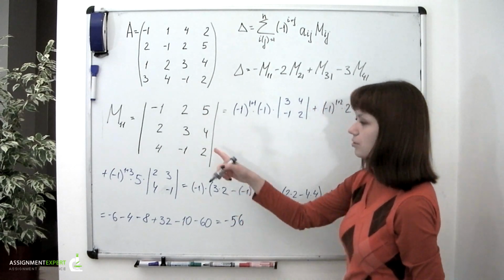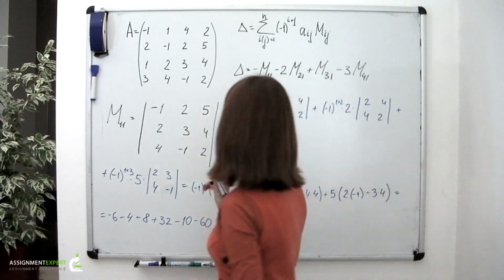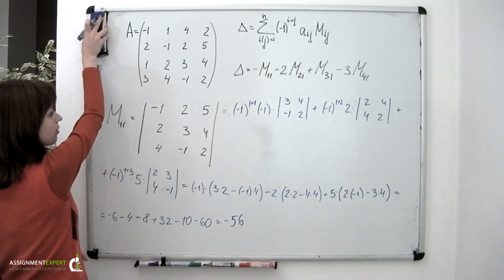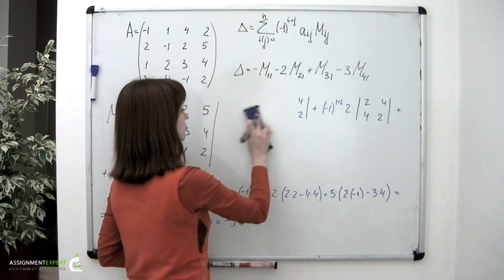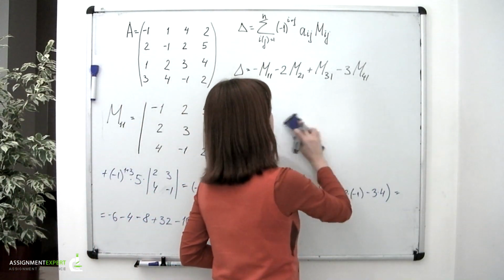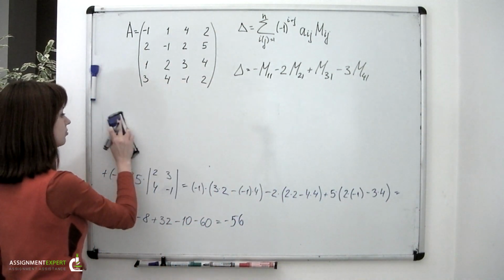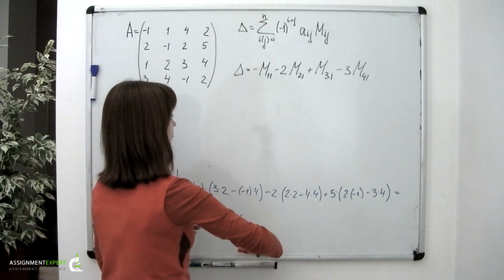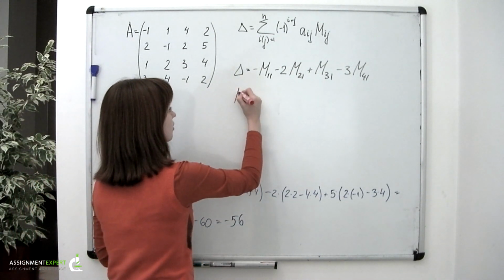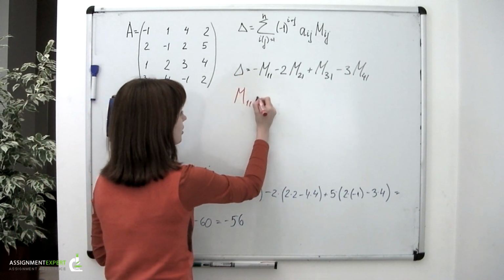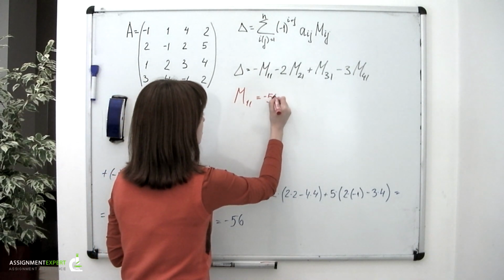And that is our first minor. m sub 1,1 equals negative 56.